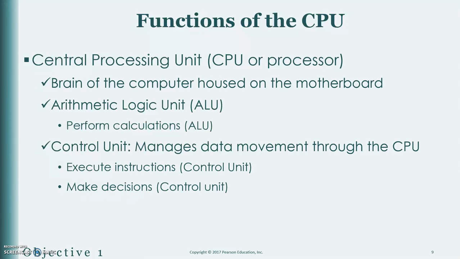The arithmetic logic unit, just as its name suggests, performs all the mathematical and logical operations. The control unit manages the movement of data through the CPU. So working together, these two units execute instructions, perform calculations, and, yes, even make decisions.